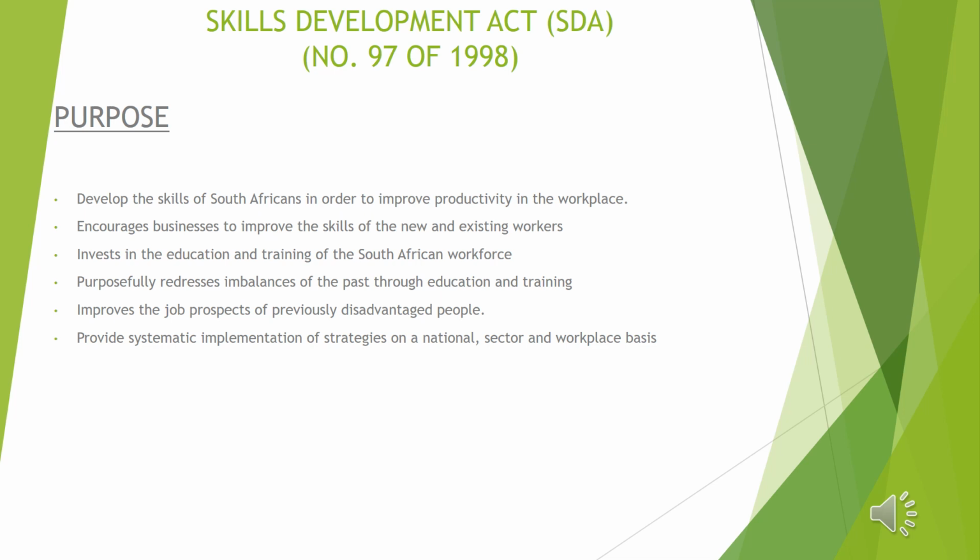So government is using the Skills Development Act to make sure there is a systematic application of these strategies on the national level and in different sectors, and that there will also be benefits on a workplace basis.